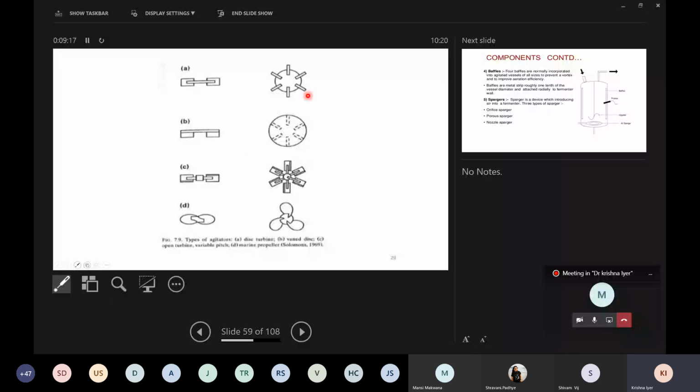This is a vaned disc. If you look at it from the side view, and this is where the shaft is, you will find that the mixing element is a flatter and longer entity. If you look at it from the top view, it will look somewhat like this, but these blades are actually going to reach down a little bit.